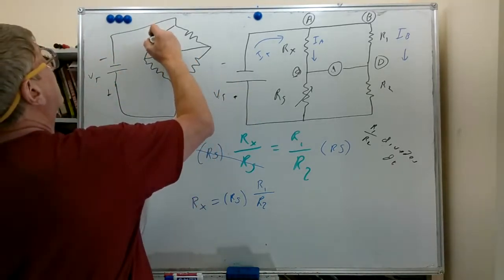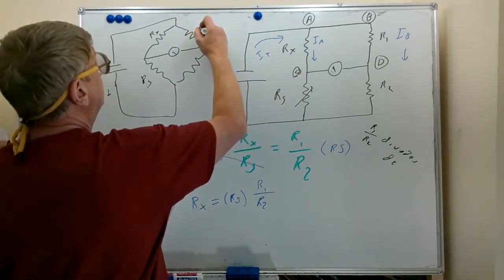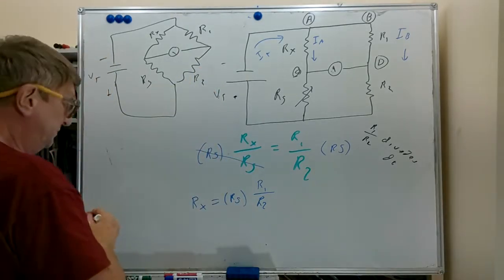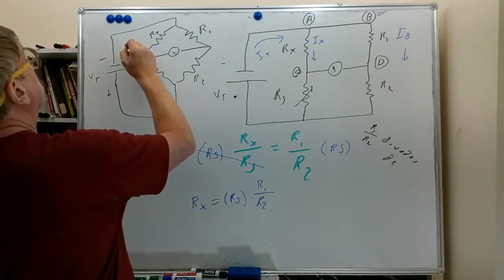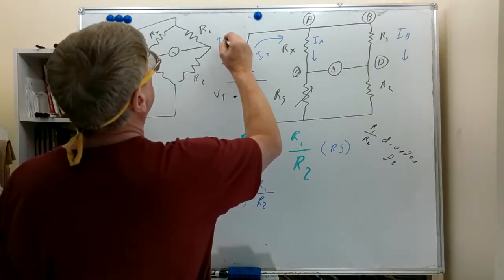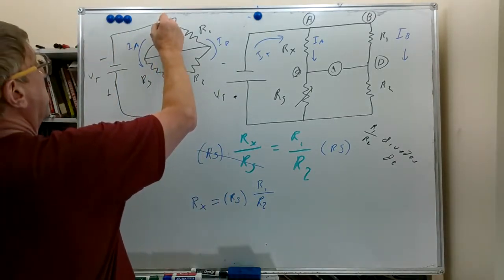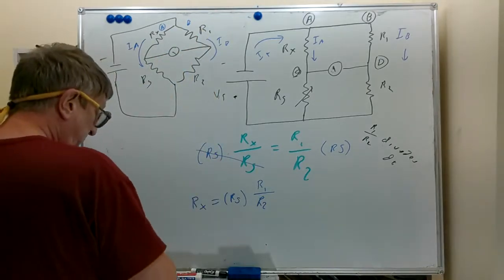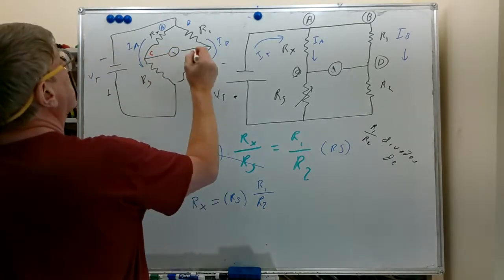And this would be our RX. This would be our RS, R1, and R2. And we'll have IA flowing around this way, flowing here, and IB flowing here. And this is branch A, this is branch B, and here's points C and D.